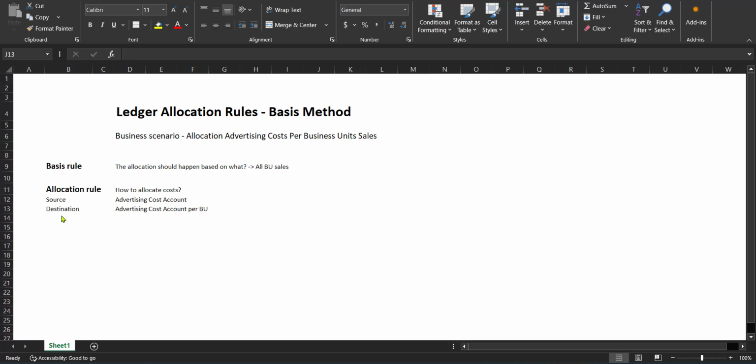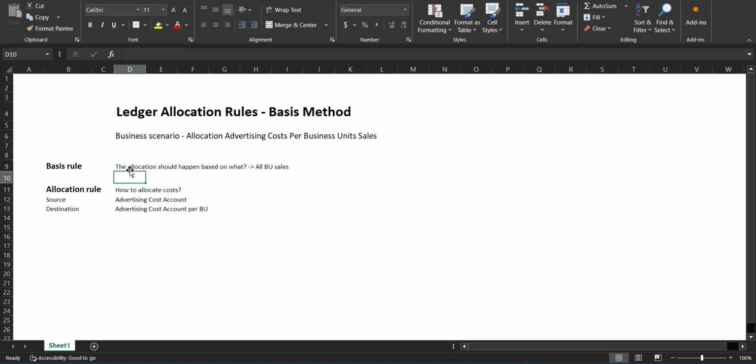And then what will be the destination? With that source, how do you want to allocate it, and to which business unit? That's where you define the combination of the advertising GL accounts associated with your business unit financial dimensions. With that, let's quickly do an update with this example, and you can see the difference.